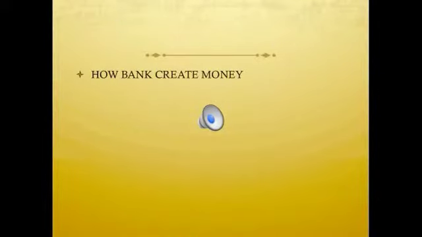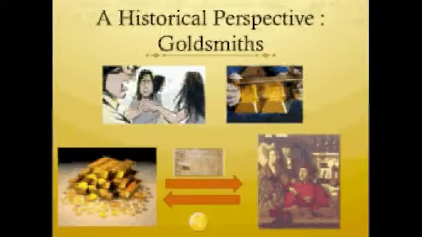And how do banks create money? Let's start from a historical perspective. Goldsmiths. In the 15th and 16th centuries, citizens of many lands used gold as money. Because gold is both inconvenient to carry around and susceptible to theft, people began to place their gold with goldsmiths for safekeeping.